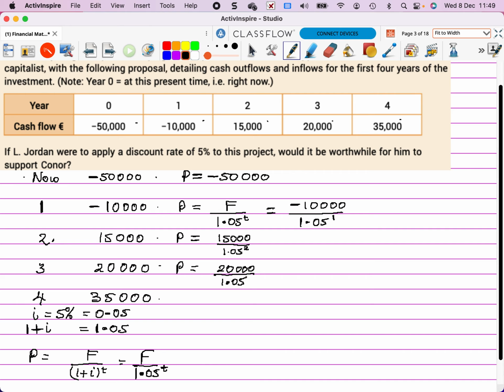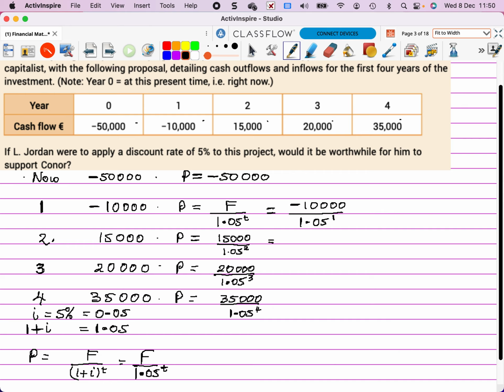That remains fixed. But because this is 3 years into the future, I'm having to bring it back 3 years to bring it back into the now. And then finally, the last one, the future value is 35,000. It's 4 years into the future. So to bring it back to its present value, I have to choose t to be equal to 4.